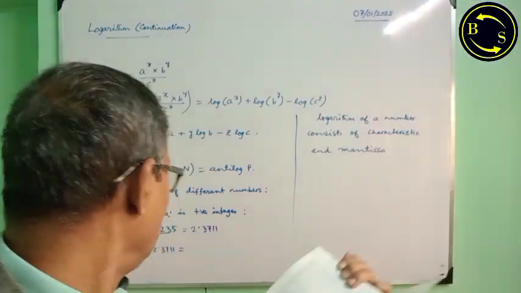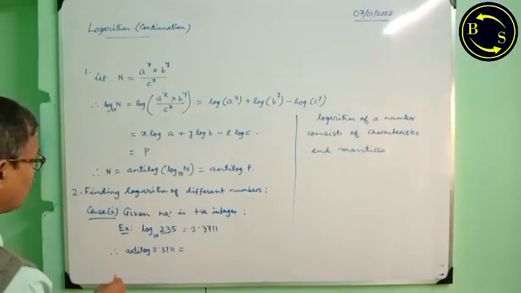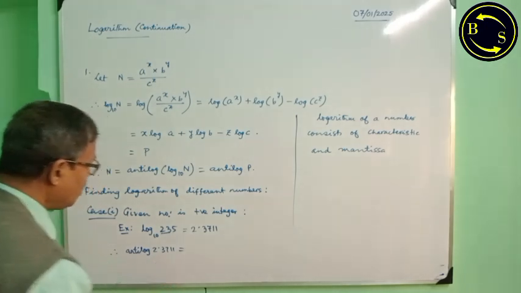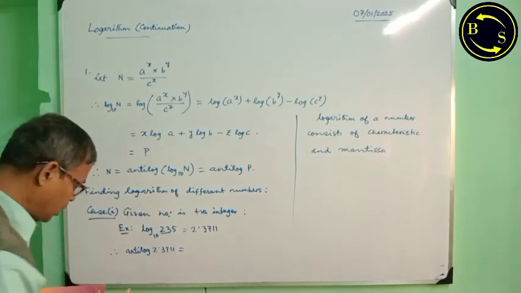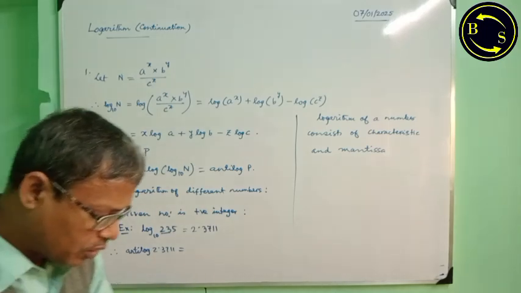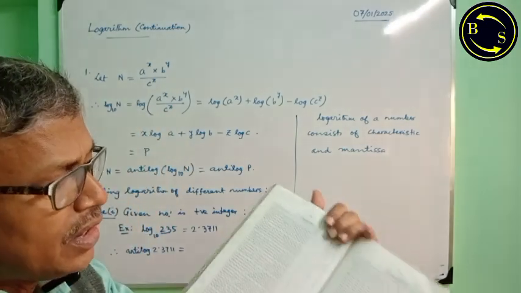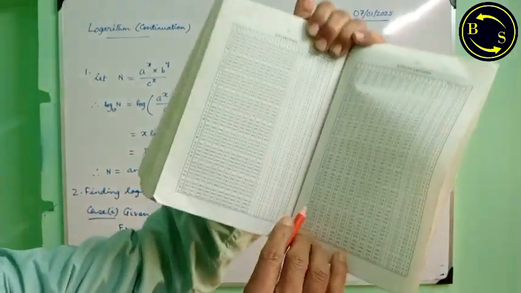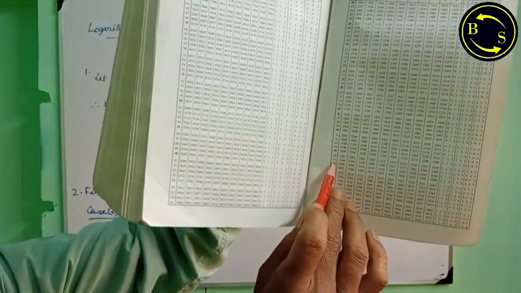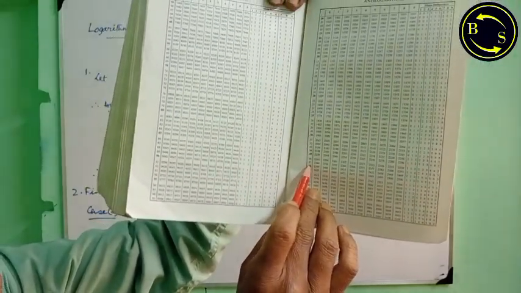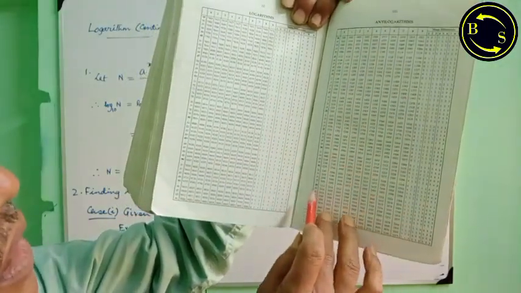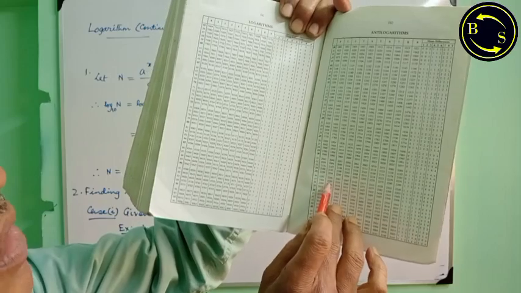Now for finding the antilog of this, first of all we go to the row headed by 0.37 in the antilogarithm table. Then there is digit 1. For that we take this column.